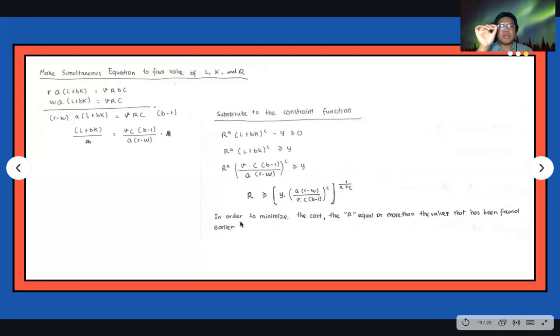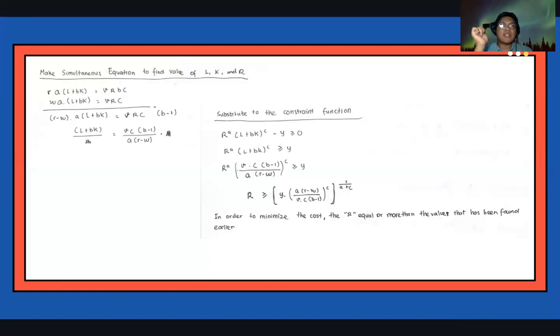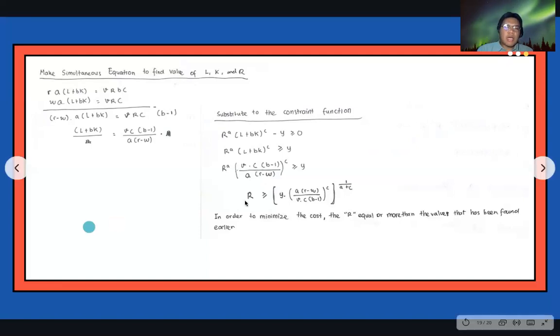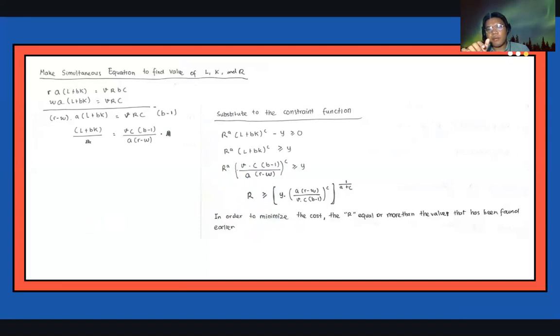Basically, to determine the minimization of the cost, you can use a subject other than R. You can use L or K, but to know the solution, I think one is enough. So I use R as the subject. So the minimization of cost can be done if R, the raw material, is more than the given value.